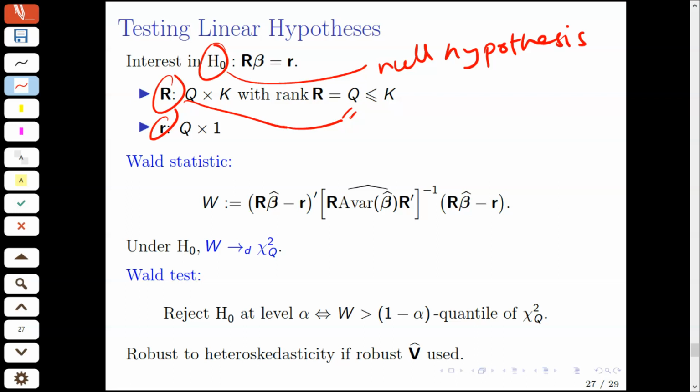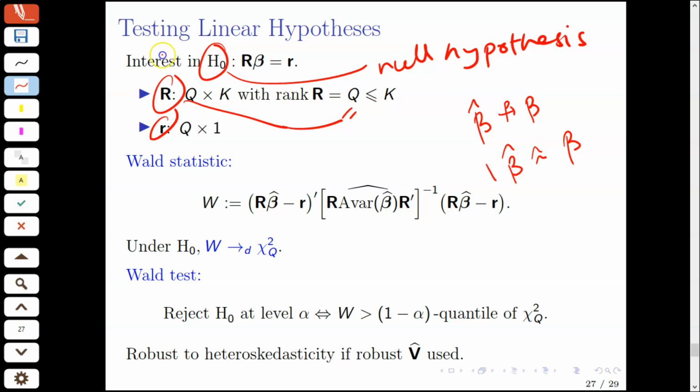Now, if we're interested in testing this type of linear hypothesis, then how would we go about it? Well, we know that the OLS estimator, at least under our previous assumptions, OLS 1 and 2, converges in probability to beta. So it's not too far-fetched that it should be close to beta, or at least it should be close with high probability.